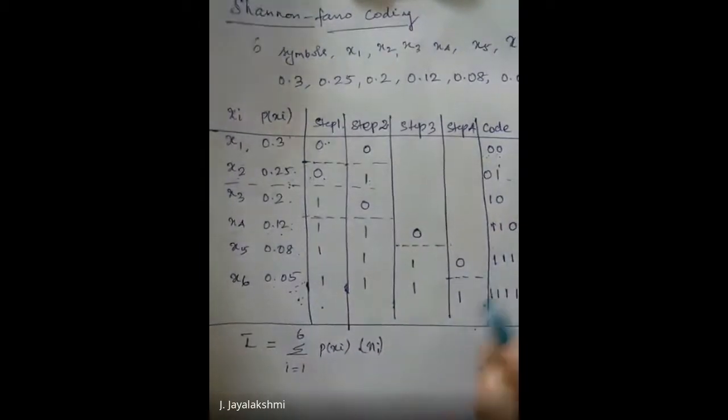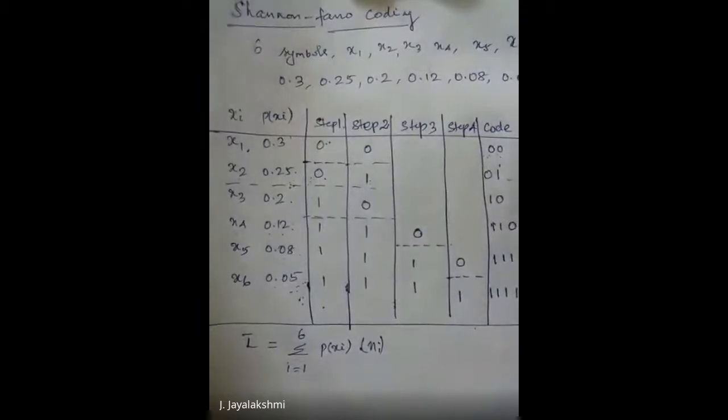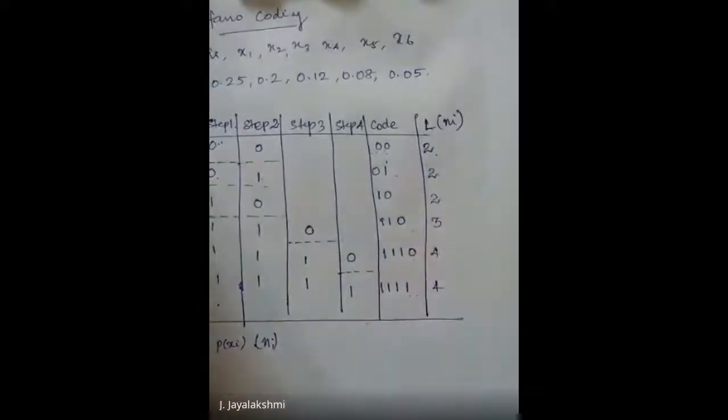That is your L value. This L can also be represented as n of i, the number of bits in the code word. So you are supposed to multiply each and every probability value with the n value.